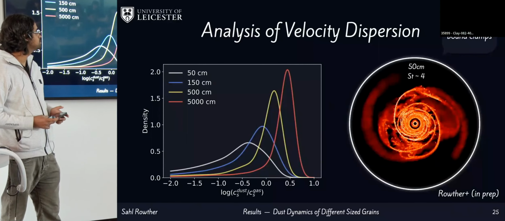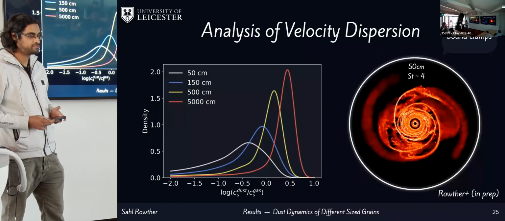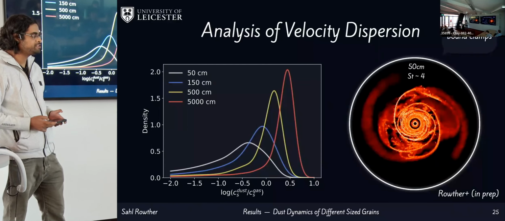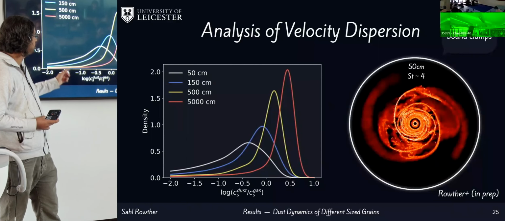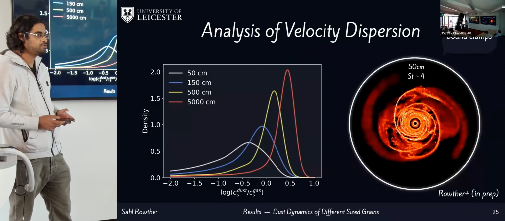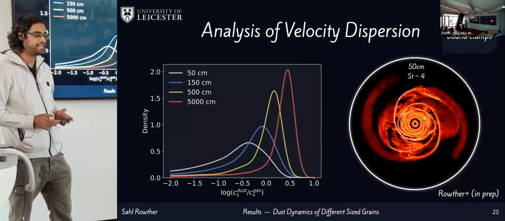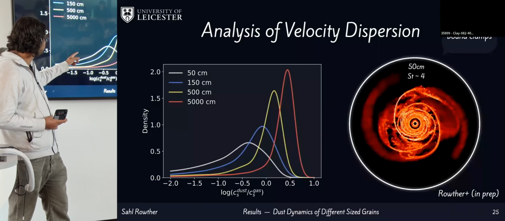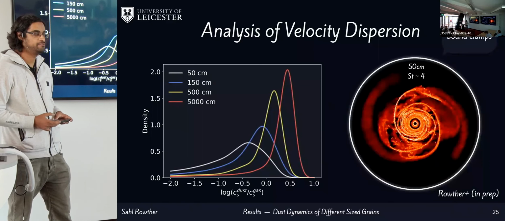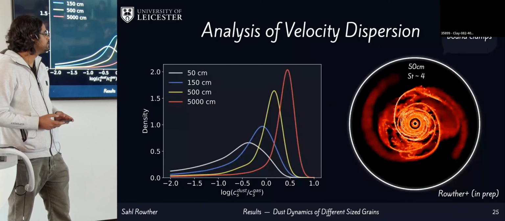So right now, on the right we can see it for the smallest grain size, which is 50 centimeters, and we see from the white line that the peak of the velocity dispersion of the dust is smaller compared to the gas sound speed, and has a broad tail that extends towards very low velocity dispersion, which aids dust becoming trapped into thin filaments in the spirals and eventually forming bound clumps.